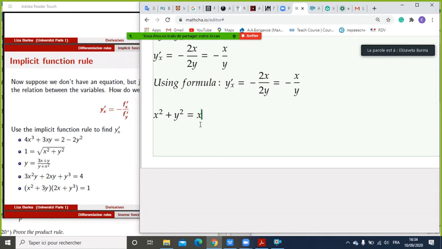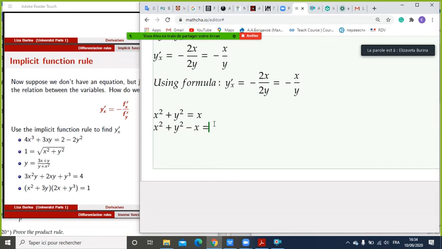Because here, the left side has x and the right side has x, so what you're supposed to do is move x to the left and have something like that.